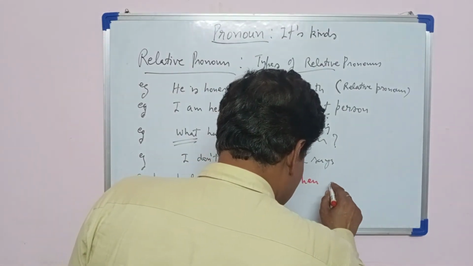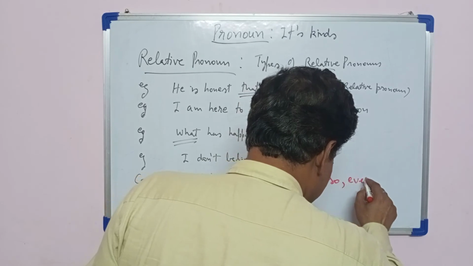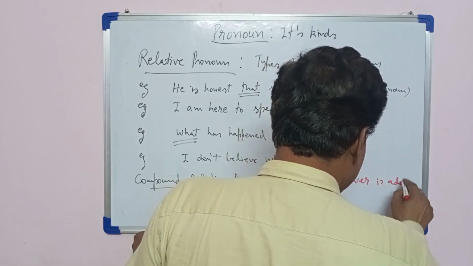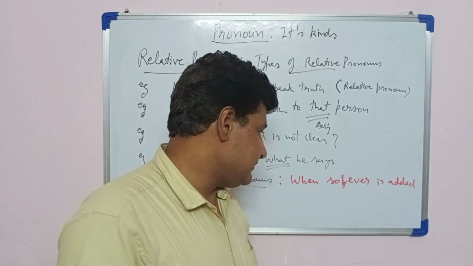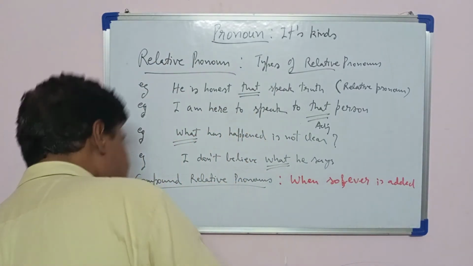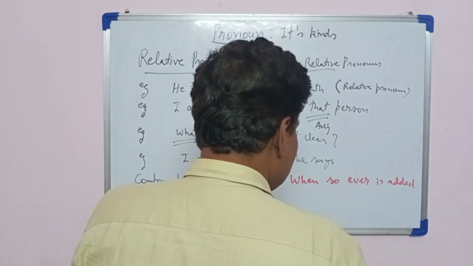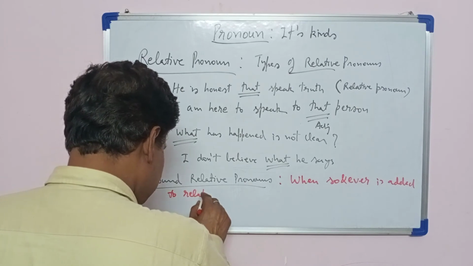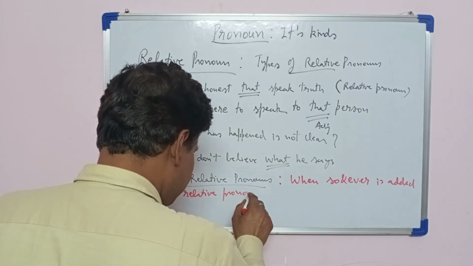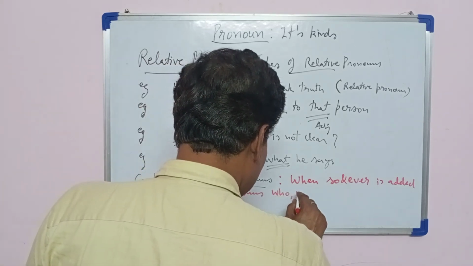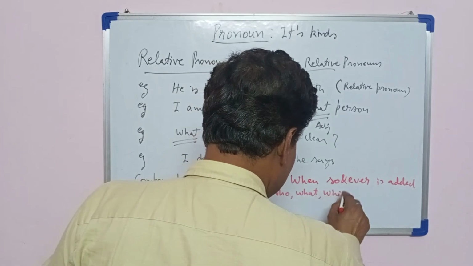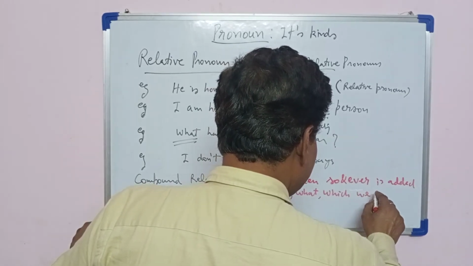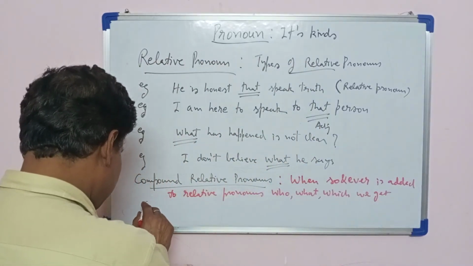When so and ever is added to relative pronouns who, what, which, we get compound relative pronouns.